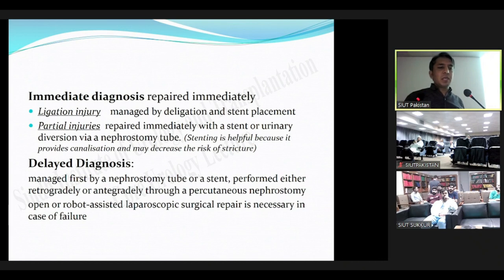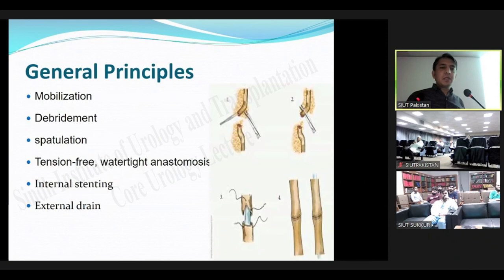For delayed diagnosis, it is managed first by a nephrostomy tube when there is hydronephrosis, performed either retrograde or antegrade through percutaneous nephrostomy. Open or robotic-assisted laparoscopic surgical repair is necessary in case of failure. The general principle for delayed diagnosis and repairs is proper mobilization, and the debridement should not be extensive, like converting a 1 centimeter injury into 5 centimeters.